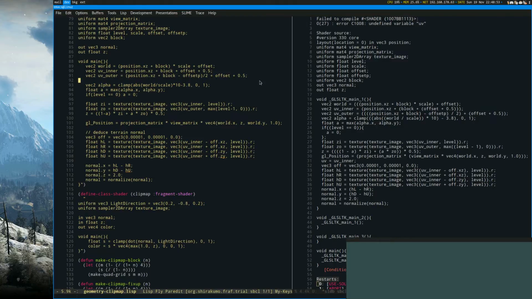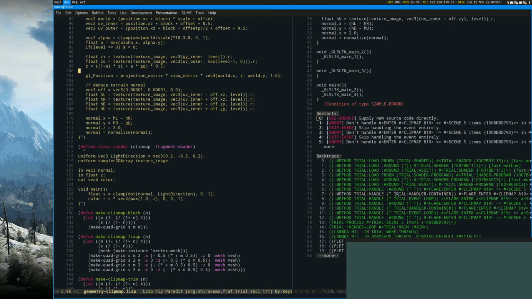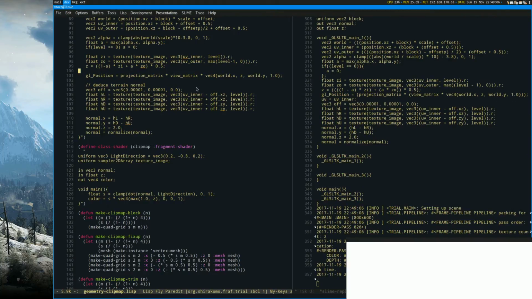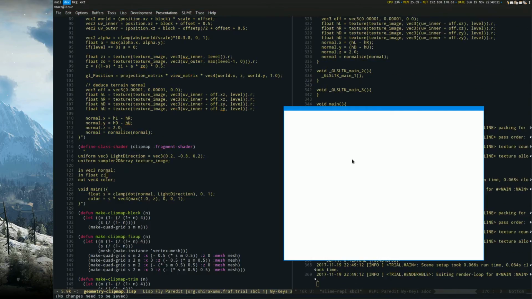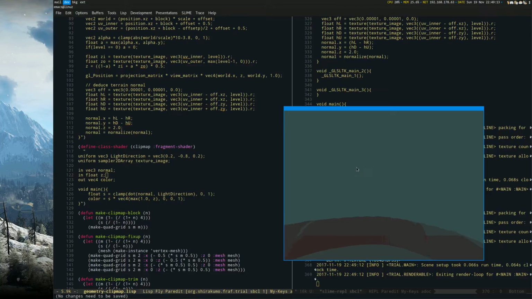Where is it used? UV. It's not used on what? Oh my god. Whoa.